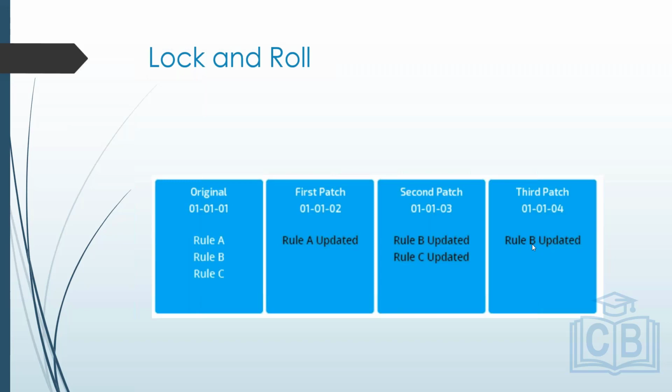Exactly, because the most updated version of Rule A lies with the first patch. Then for Rule B? From the third patch. Exactly. For Rule C? It's going to be the second patch. Perfect. So the system is going to pick the highest version of each rule instance.